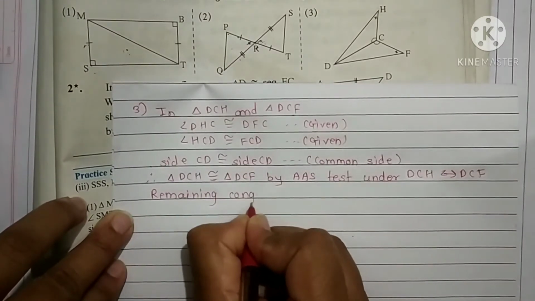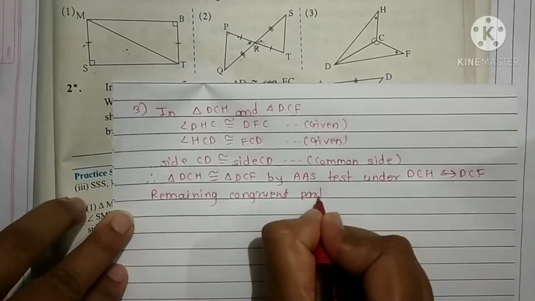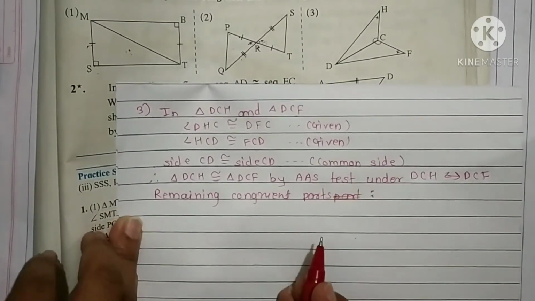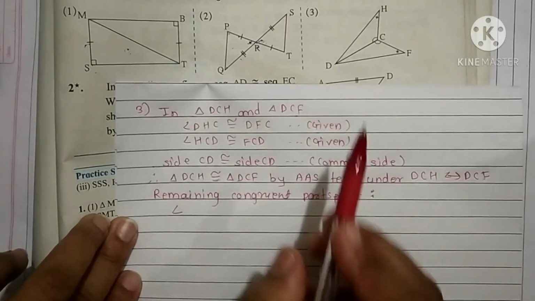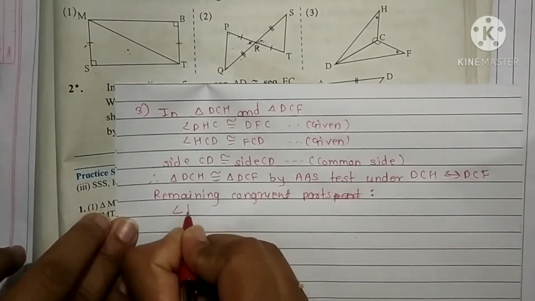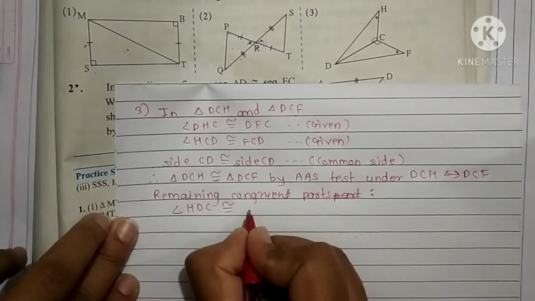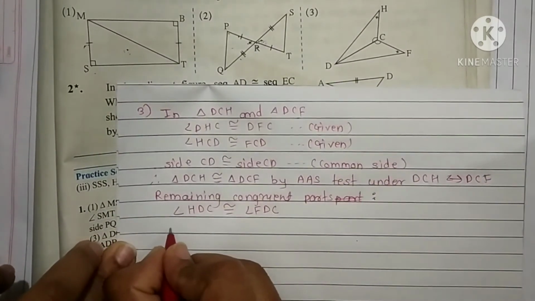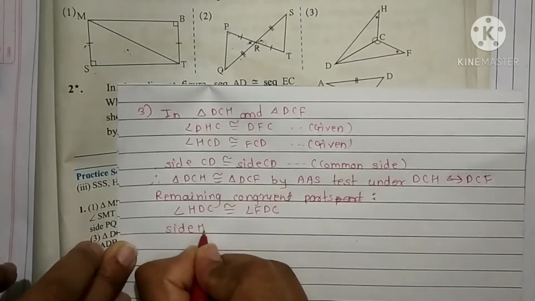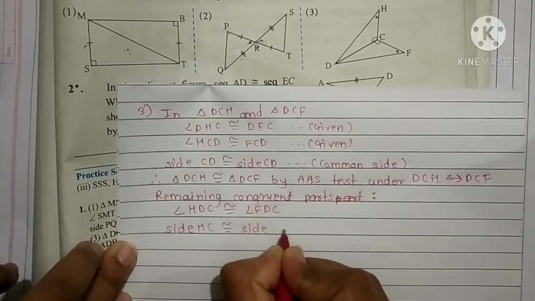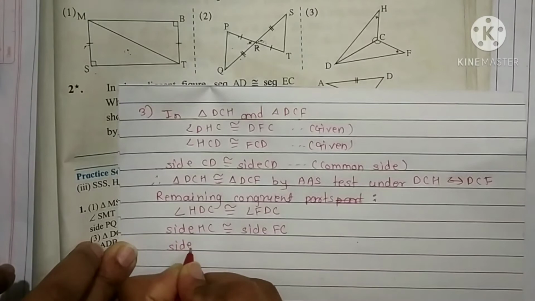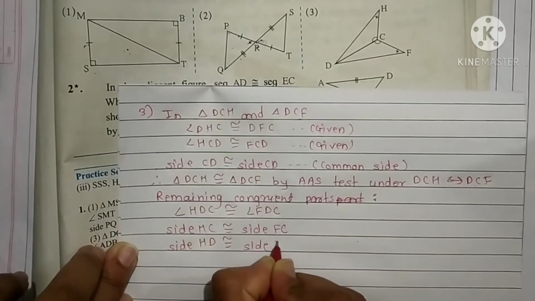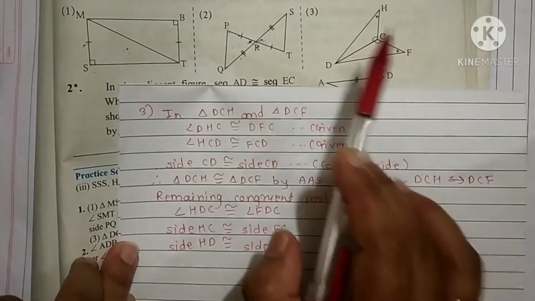They are angle HDC congruent with angle FDC, side HC congruent with side FC, and the last, side HD congruent with side FD. These are the remaining congruent parts of these two triangles.